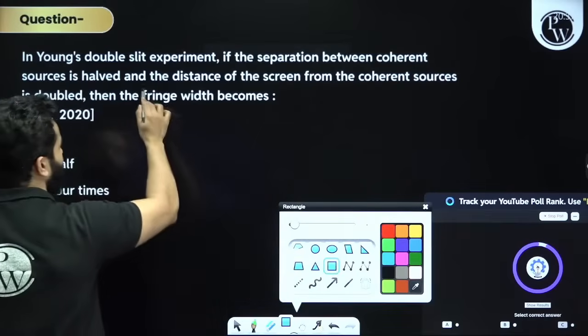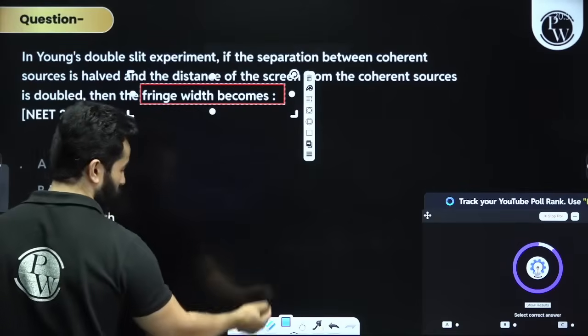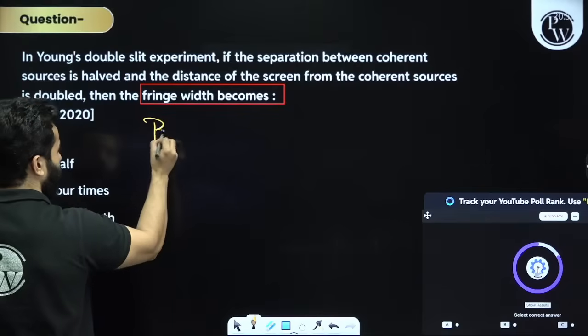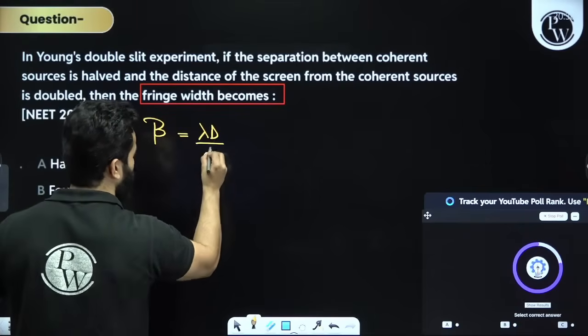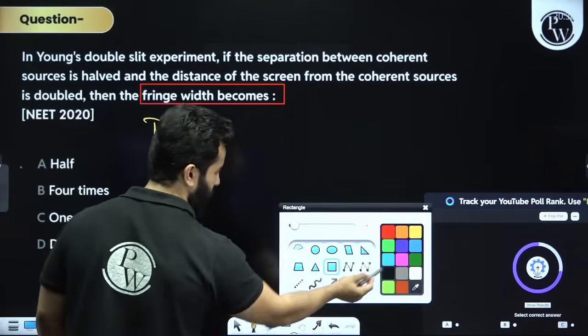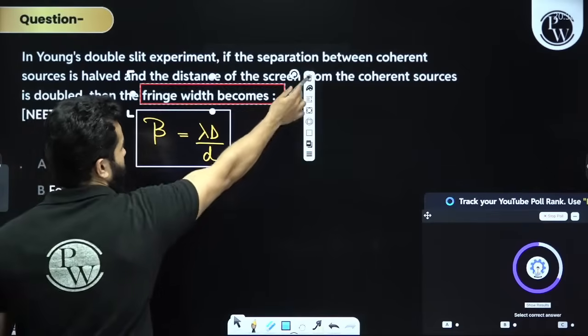Dosto, fringe width is one of the most repeated concepts in the NEET exam. The formula of fringe width is lambda times capital D divided by small d. This is the formula, dosto. Right?